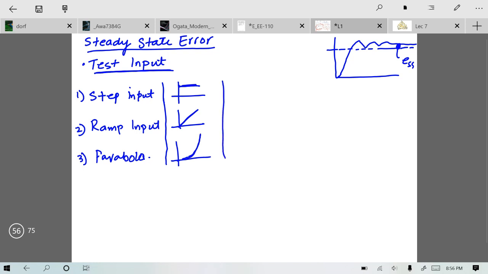The step can denote physically a constant position, the ramp a constant velocity, and the parabola a constant acceleration.